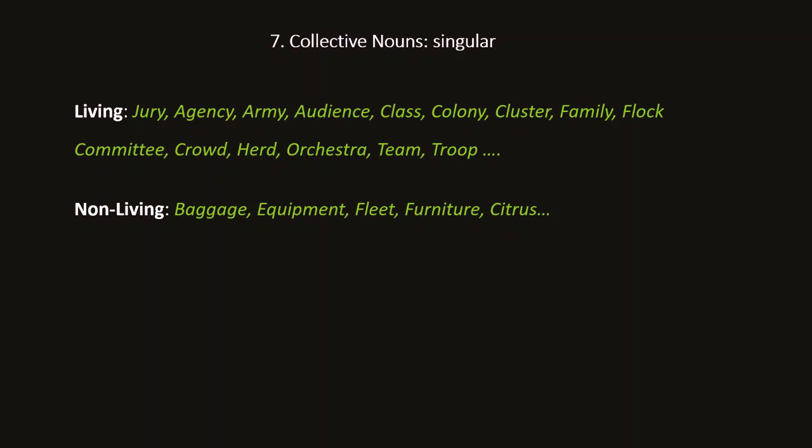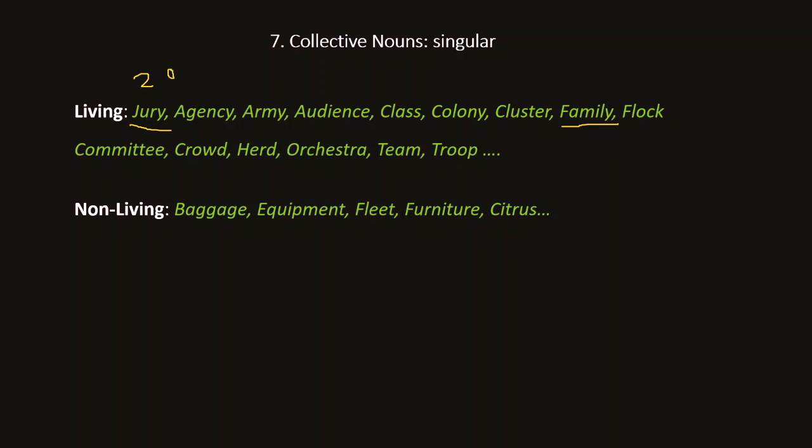When I say jury, you will see at least 2 or 3 judges in it. Similarly, an audience, class, family, each of these has some nouns in it. Hence, it is a collective noun.